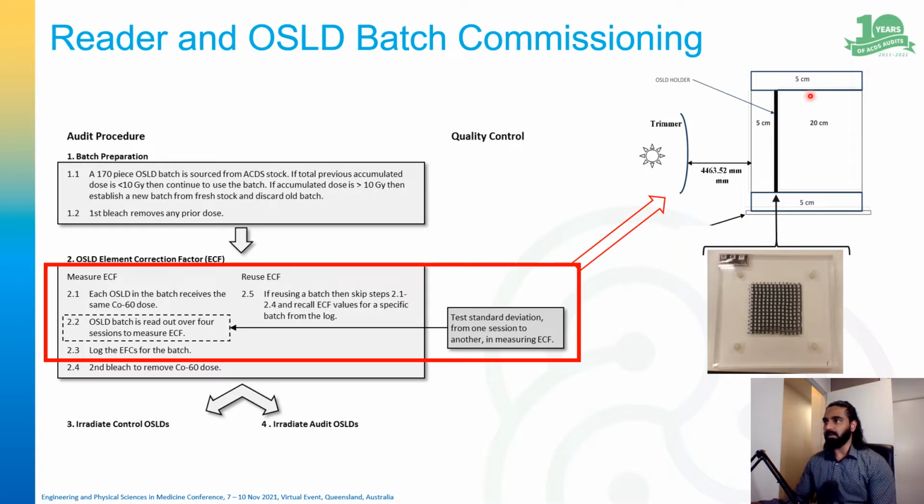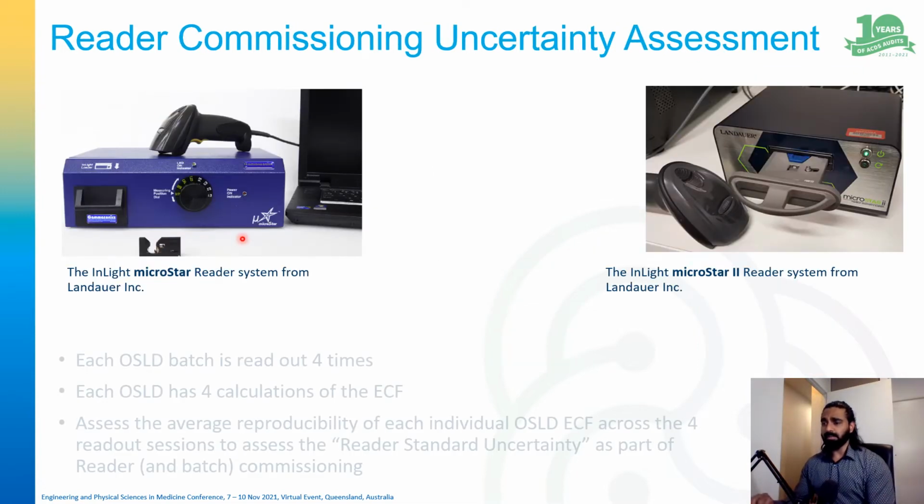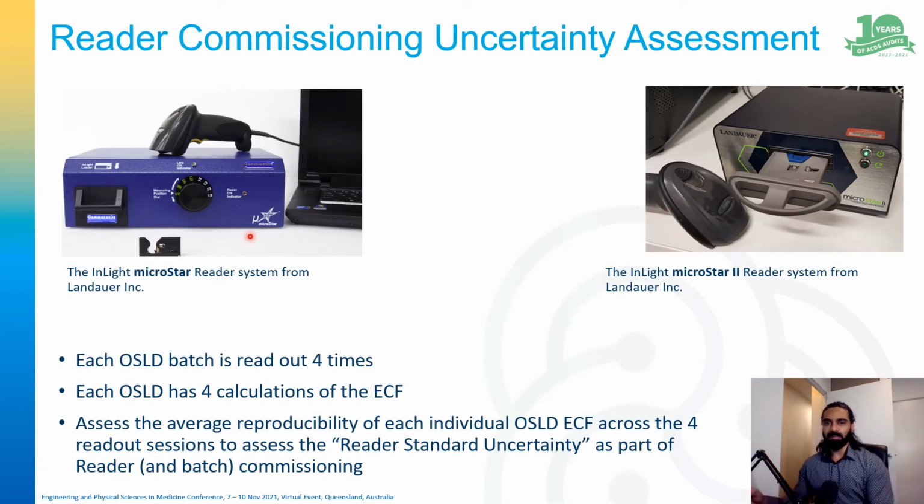We then read out each individual OSLD over 4 consecutive readout sessions. And in doing so, we can also use the readout statistics to commission new readers and to determine their initial uncertainties. Because we read out each batch 4 times, we end up with 4 measurements of the ECFs for each individual OSLD within a batch.